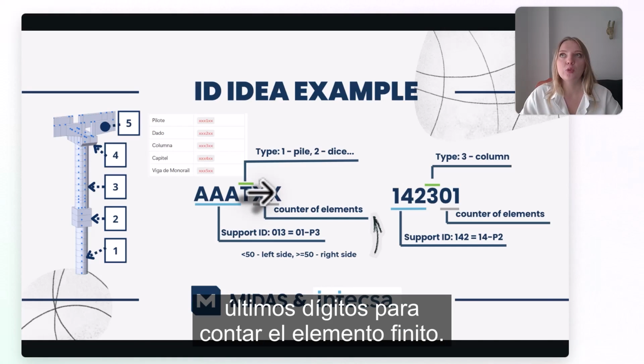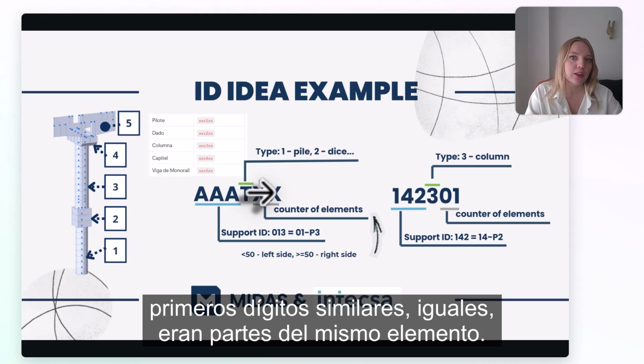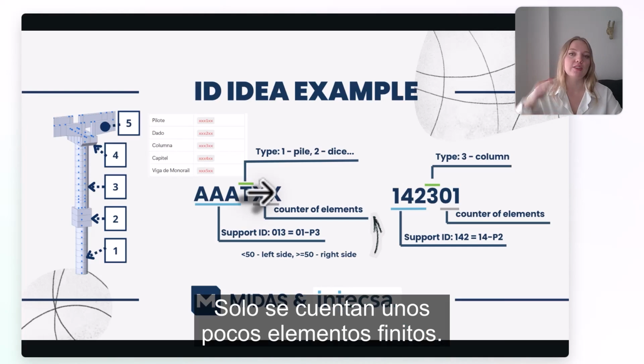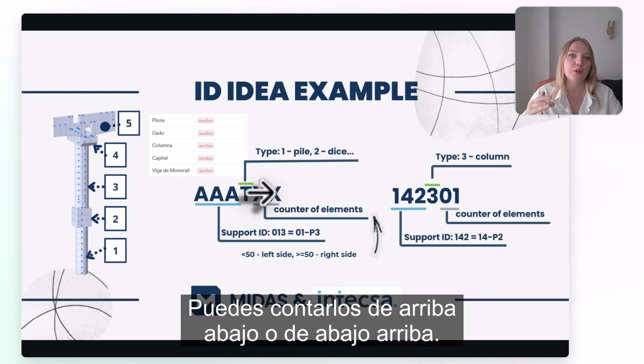So in this case, we knew that every beam or every node that has the first 4 digits similar, I mean the same, equal, are parts of the same element. It's just a few finite elements that are counted. And here you already have more ideas even on how to use it. You can count them from top to bottom or from bottom to top.